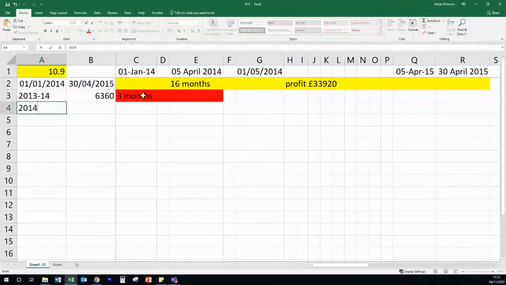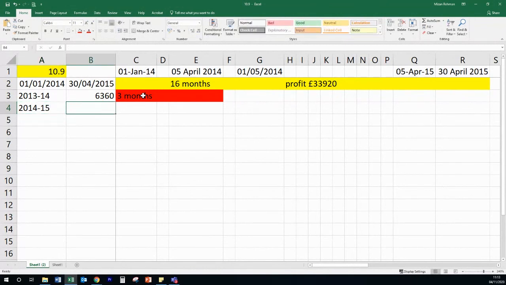Then next year is 2014-15. So this is the second year now, and the rule for the second year is that it would always be 12 months, whether the end date is the actual end date or not. So we need to see what 12 months we can get, because the period is 16 months ending on 30th April. We make the last date of 2014-15 our end date, and we go back.